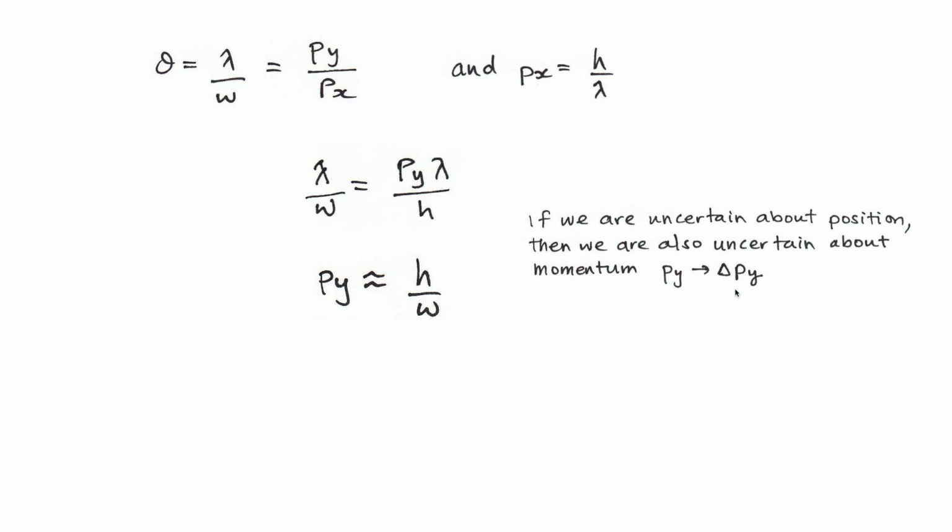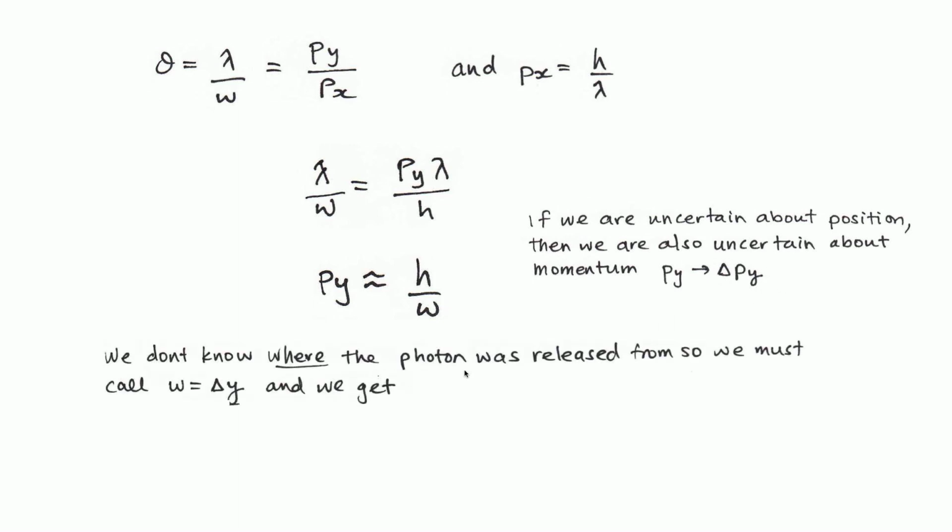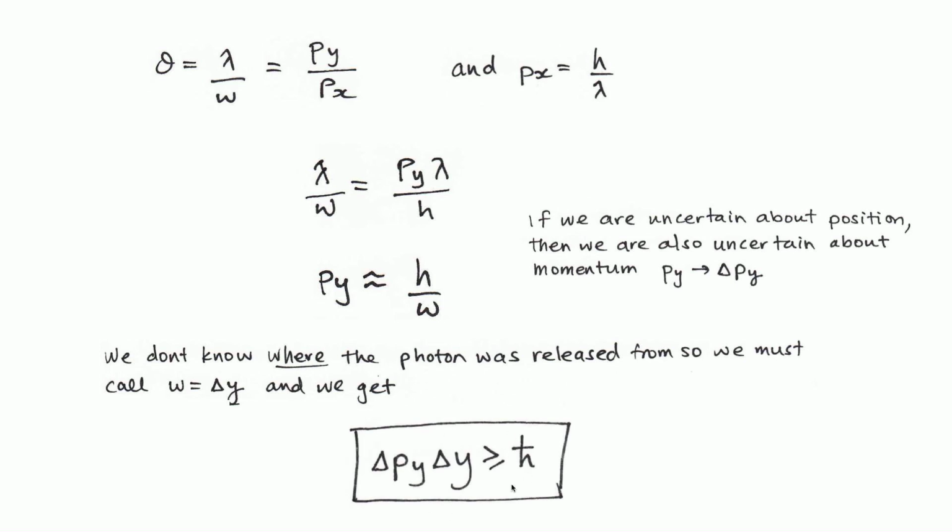There's got to be a little bit of a range here, and so we'll use delta py. Because we don't know where the photon was released, we can call this w, this slit width, delta y, because we don't really know where in the slit it was released. It was released in there somewhere. And so if we put this together and we change our constant to h bar, we get that the uncertainty in the momentum times the uncertainty in the position is always greater than or equal to this constant h bar, which is simply h divided by 2 pi.